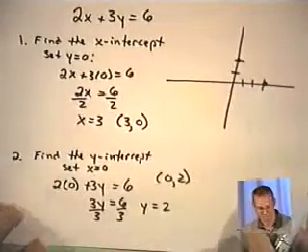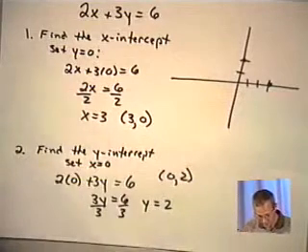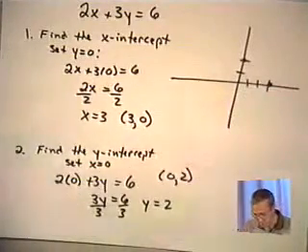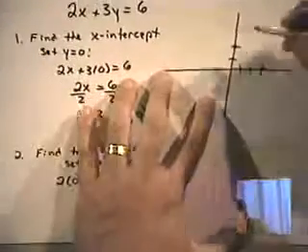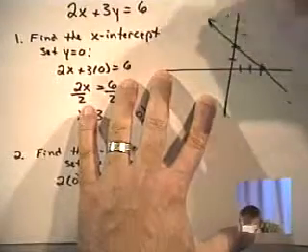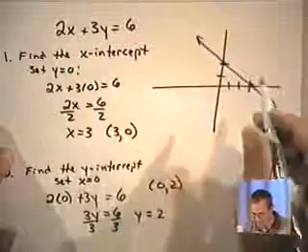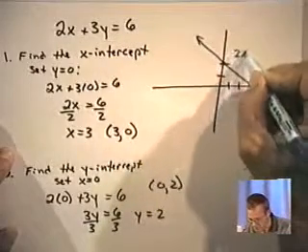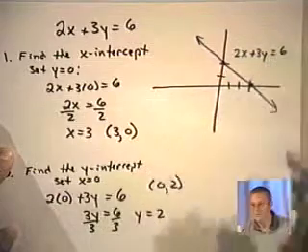That's all it takes to sketch the graph of a line. I would encourage you to now draw this with a ruler. I'll attempt to do it freehand. We'll just simply connect the 2 points with a line, and there is the graph of 2x plus 3y equals 6.